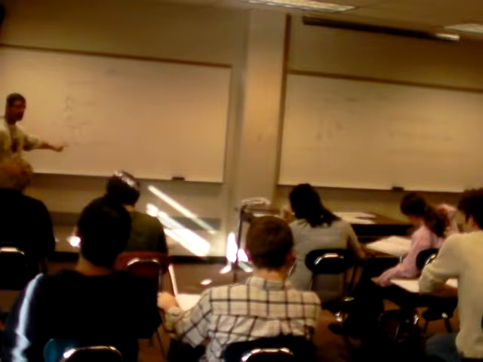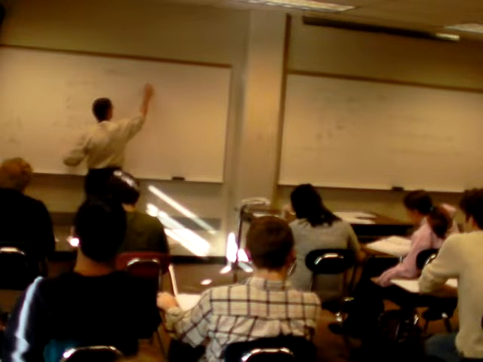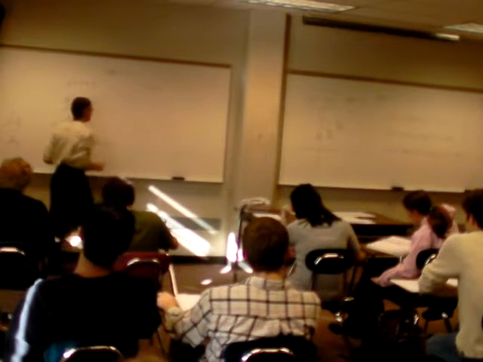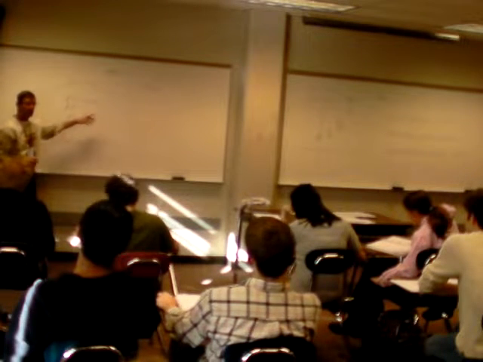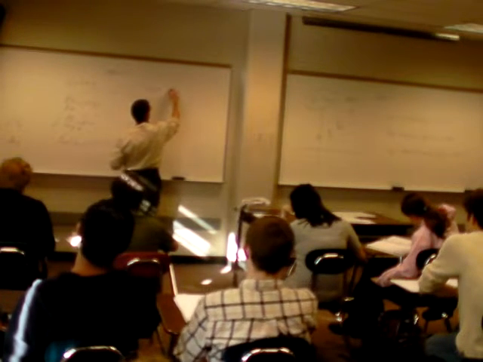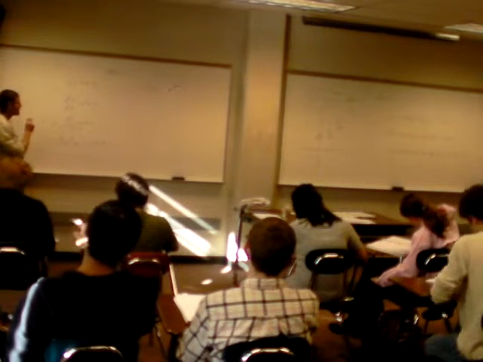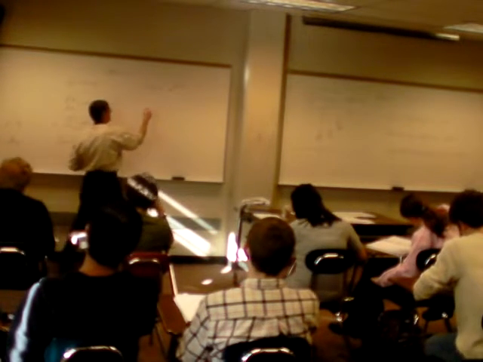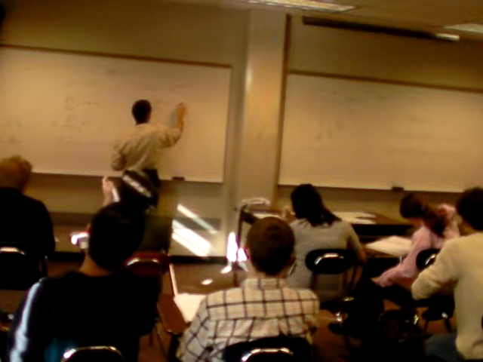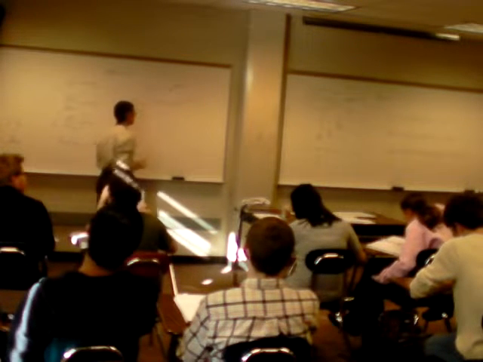All right, what does this mean? It means that 1 plus y has to equal e to the x plus c. So y equals negative 1 plus e to the x plus c.